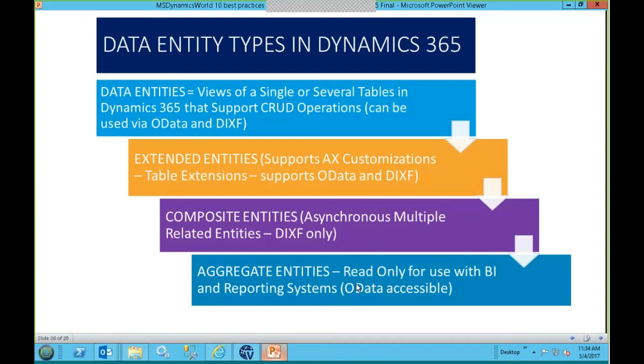The base entity type, they simply call data entity, and it's accessible for full update, read, write, create, and delete operations, and that's probably the most basic way to communicate with AX.